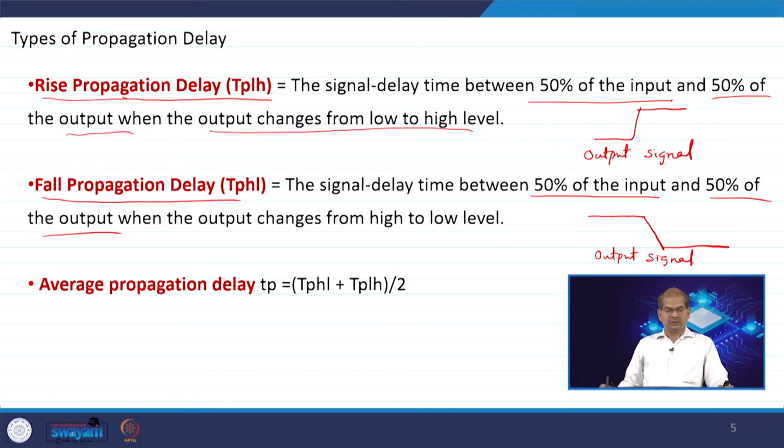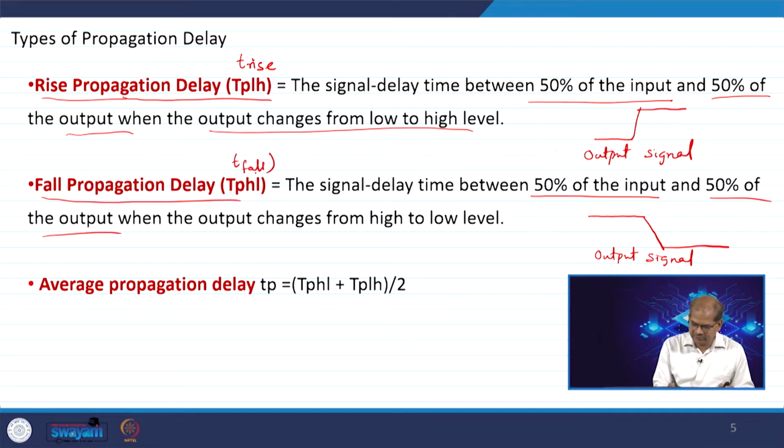Now we can define the average of that, which is called the average propagation delay: TPHL plus TPLH by 2. In this lecture I will use TPLH or T rise, and TPHL or T fall.